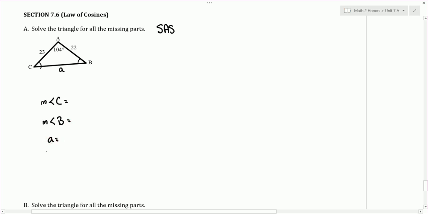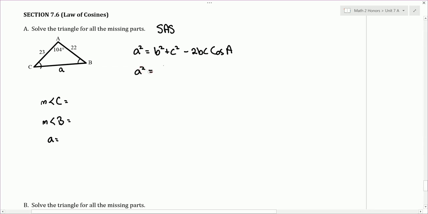So to find side A, I'm going to use the law of cosines. Law of cosines says that A squared is equal to B squared plus C squared minus 2BC times the cosine of angle A. And I know little b and little c and angle A, so I can plug those things in.